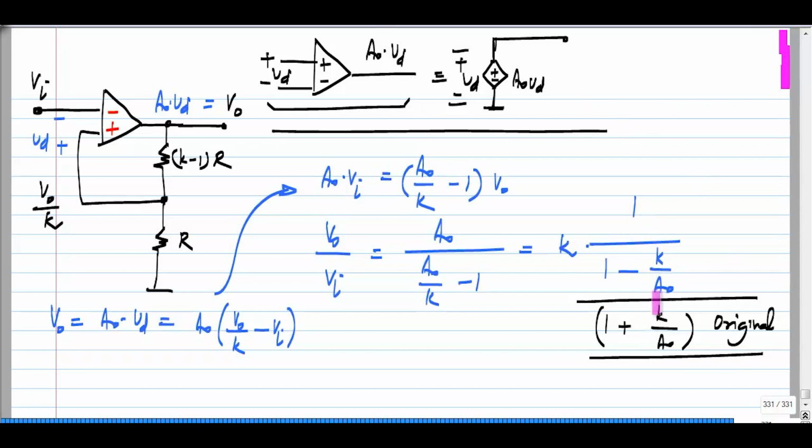Now, this does not look very significantly different, because we are considering cases when k by A naught is very small, because the gain of the op amp A naught is very large. When k by A naught is very small, this expression as well as the earlier expression will be approximately equal to k.